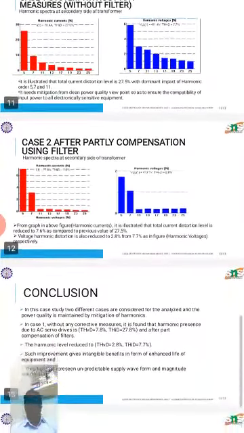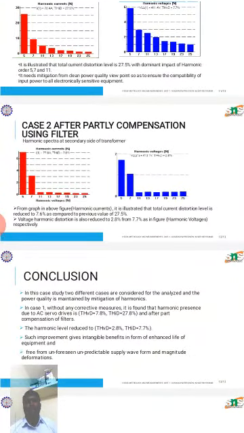Next one, case 2, after partial compensation using a filter. See the following diagram, two graphs are given. From the graph in the above figure it is illustrated that the total current distortion level is reduced to 7.6% as compared to the previous value of 27.5%.